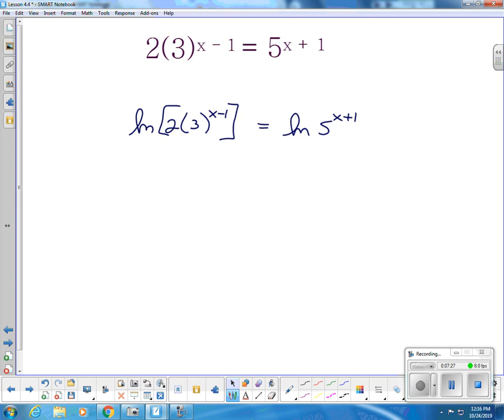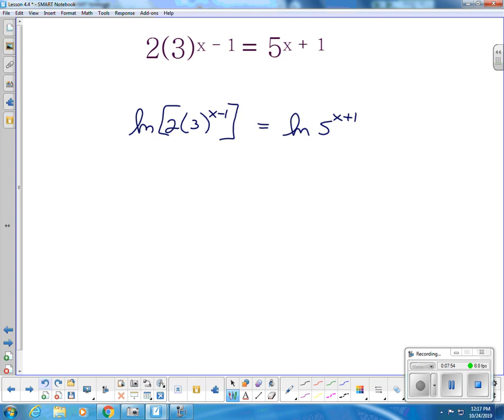So here's the deal. You cannot drop down the exponent. You can't take this guy and put him down in front. You have to have the log of a single base with an exponent to use that rule.